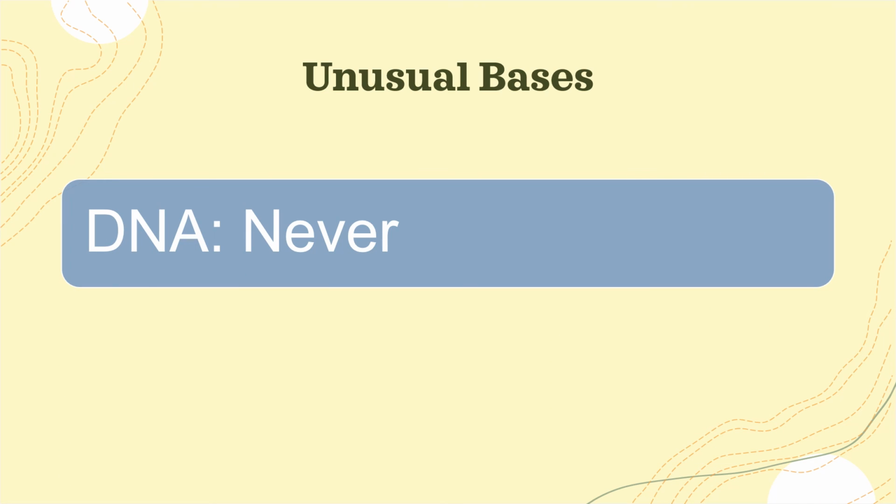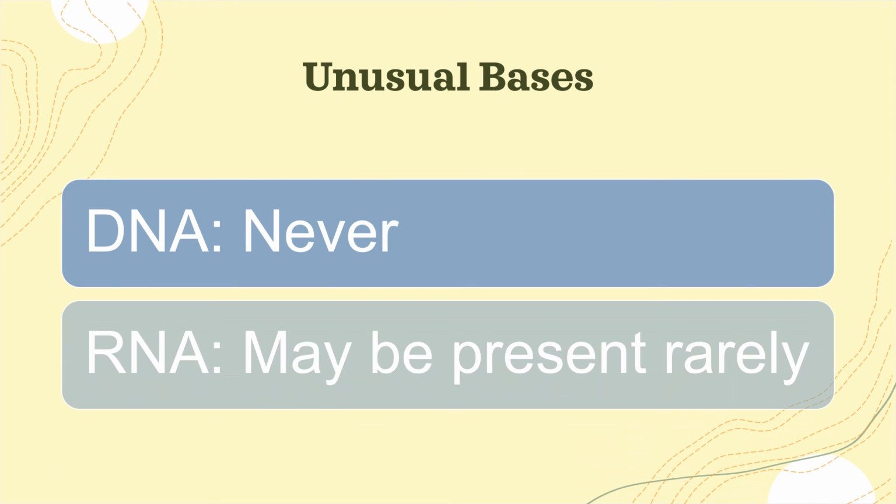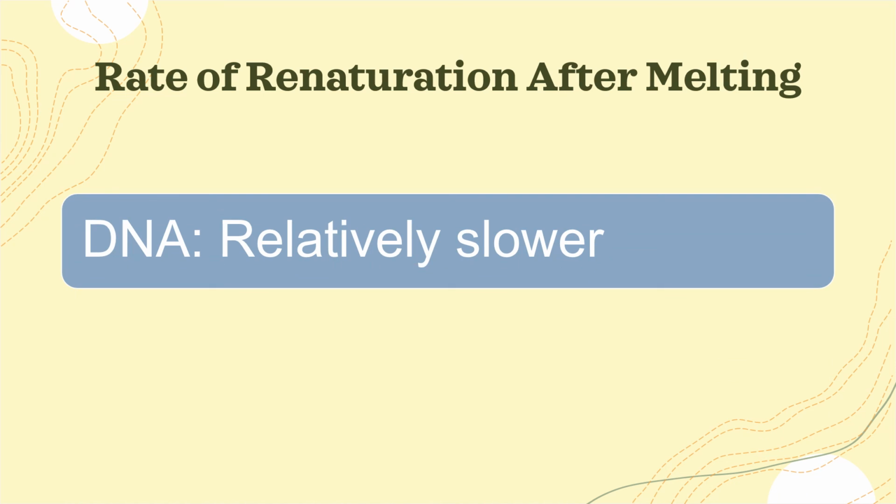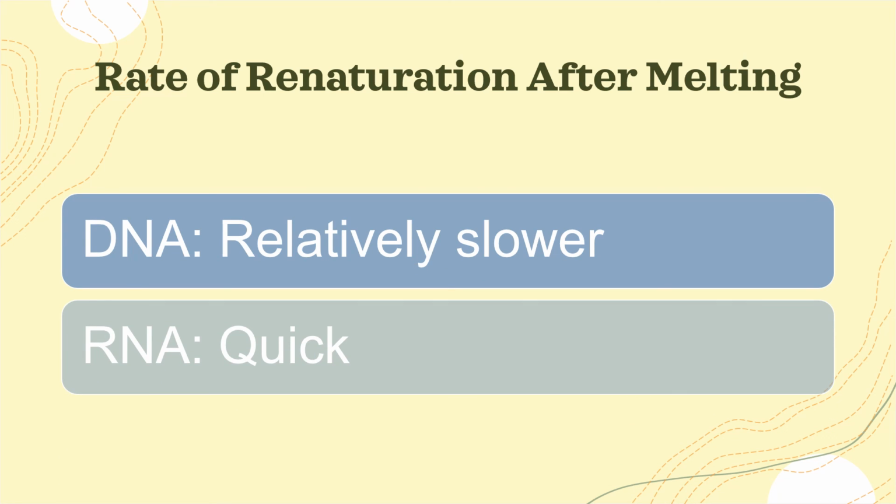No unusual bases are ever found in DNA, while in RNA unusual bases may be present, but rarely. Rate of renaturation after melting. DNA has a relatively slower rate, RNA has a quick rate of renaturation after melting.